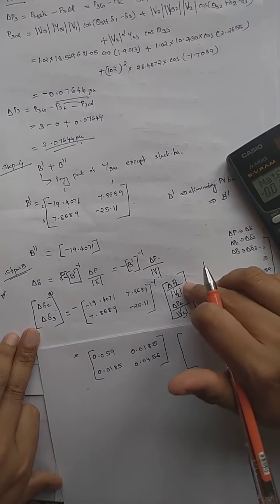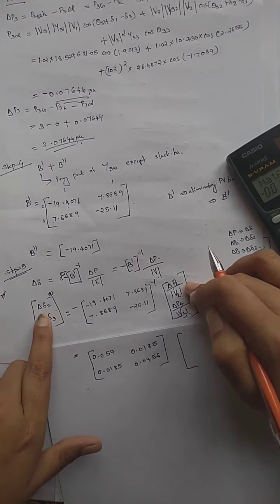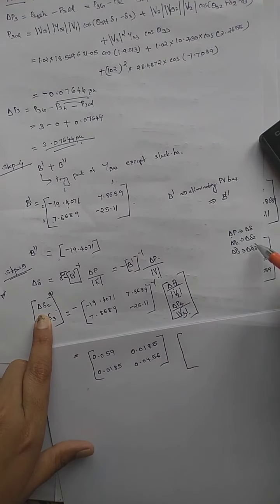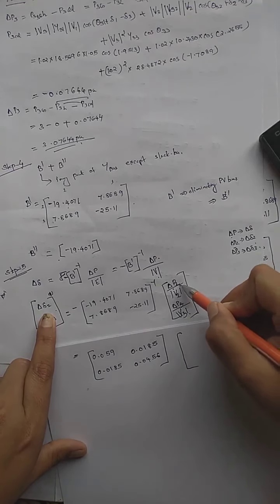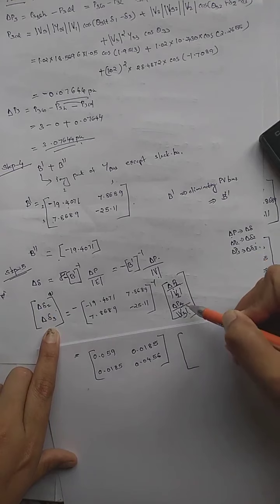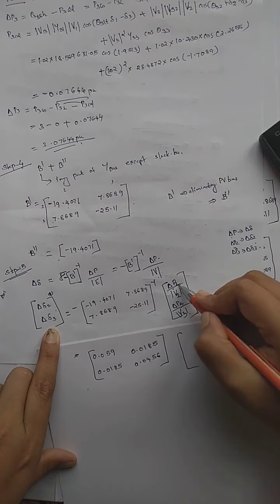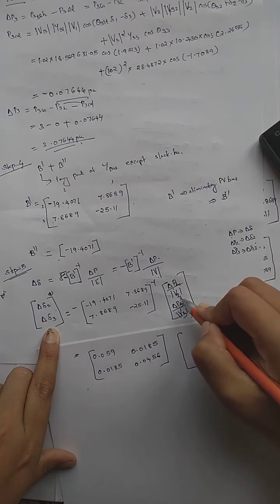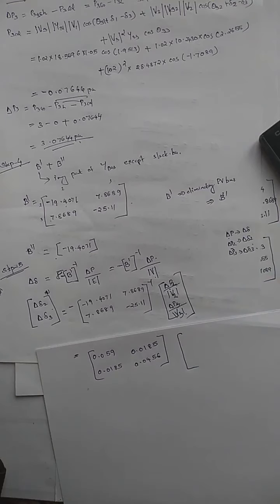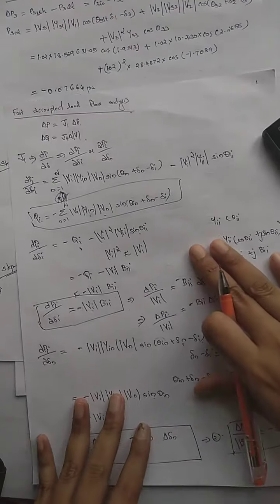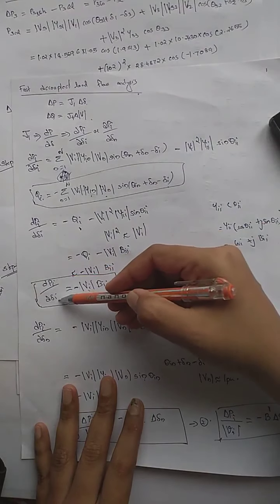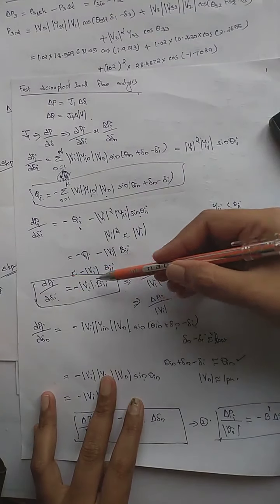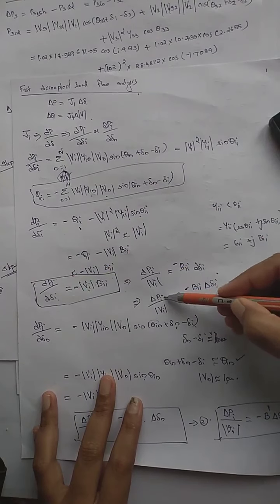I repeat, here this is delta P2. P2 is a function of delta 2, so here it is delta 2 and this should be P2. Here it is delta 3, so this should be P3. If this is P2, then this should be V2, because last day we studied in our equation, delta Pi by dou delta i, which we changed to delta Pi by Vi.